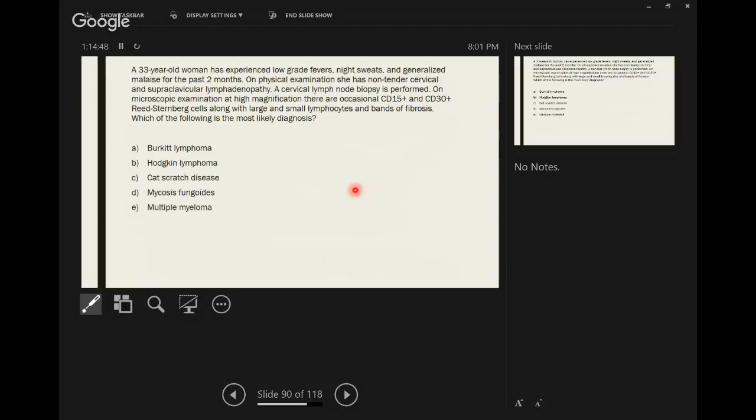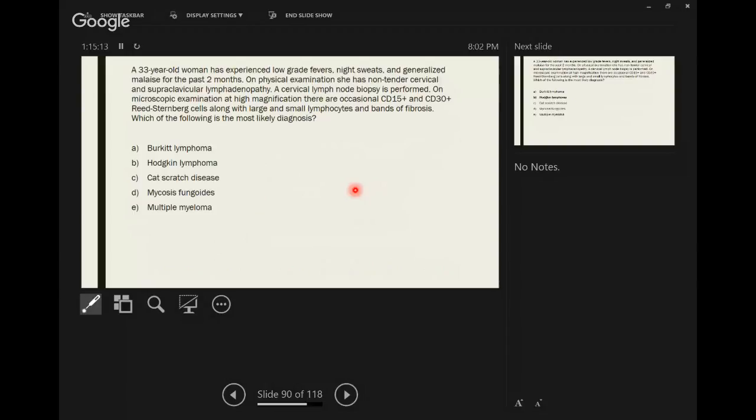All right, Susie. So, 33-year-old woman who's been experiencing low-grade fevers, night sweats, and generalized malaise for the past 2 months. She has non-tender cervical and supraclavicular lymphadenopathy.